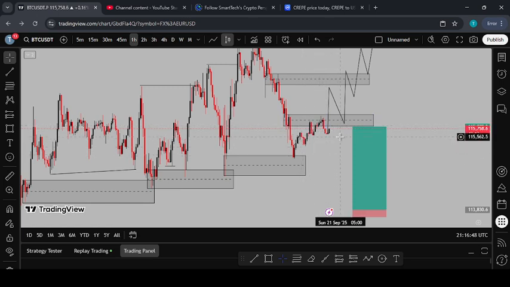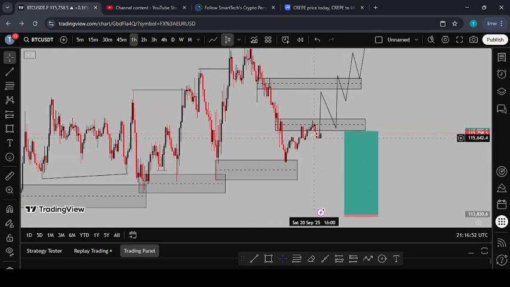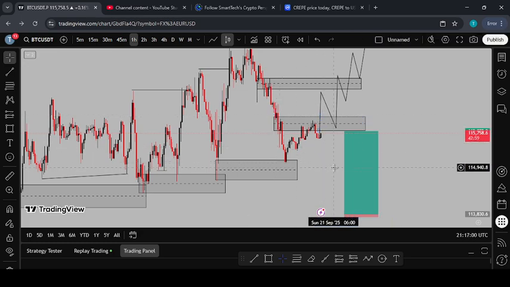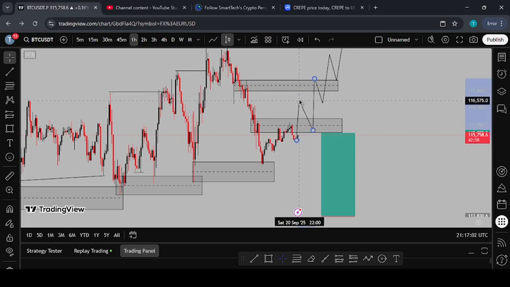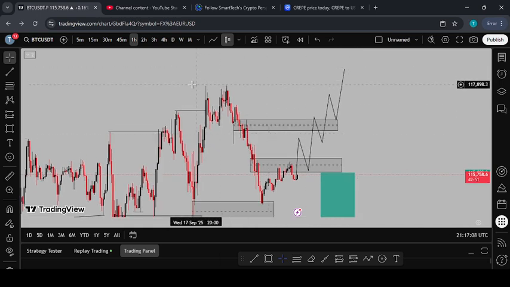But the confirmation to catch our continuation, if it did not take trade aggressively off this region, would be market taking out this sell side order flow on the 1 hour time frame and closing above it, giving us a point of interest for us to catch a continuation trade for markets to go bullish and take out these equal highs we saw here.